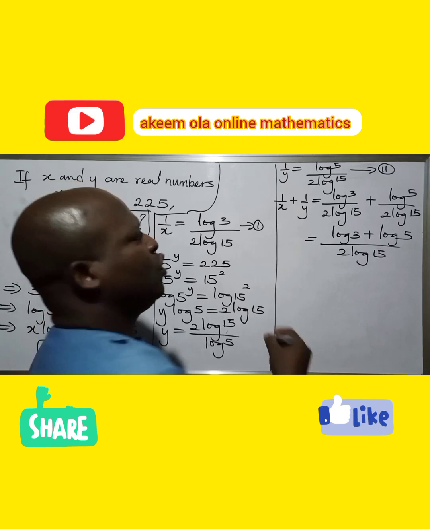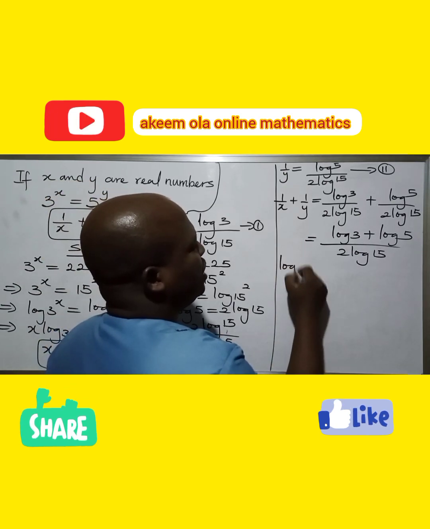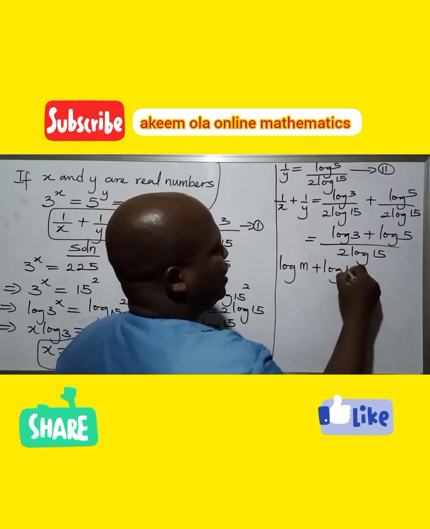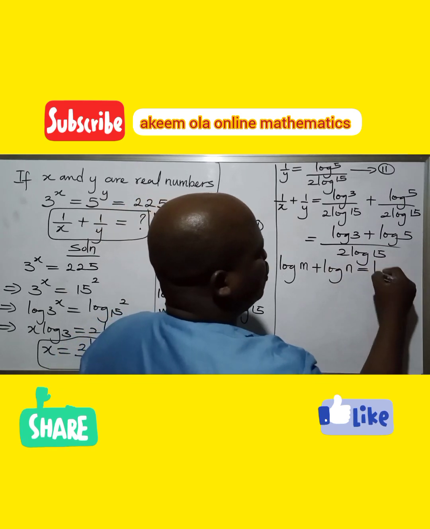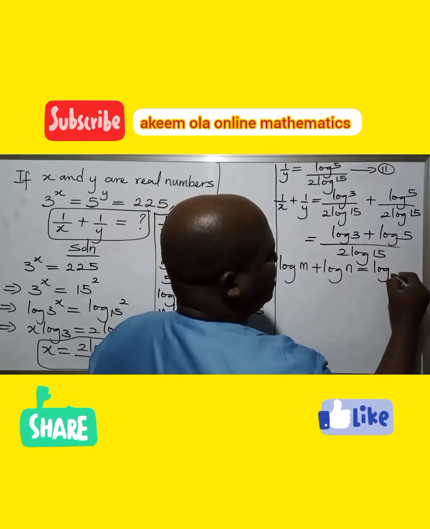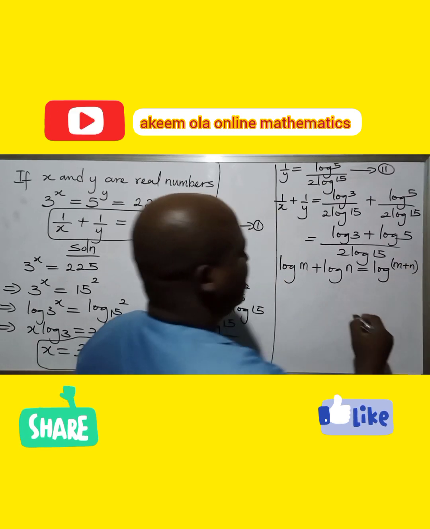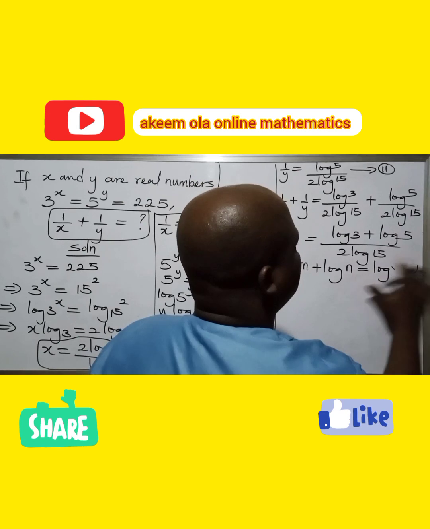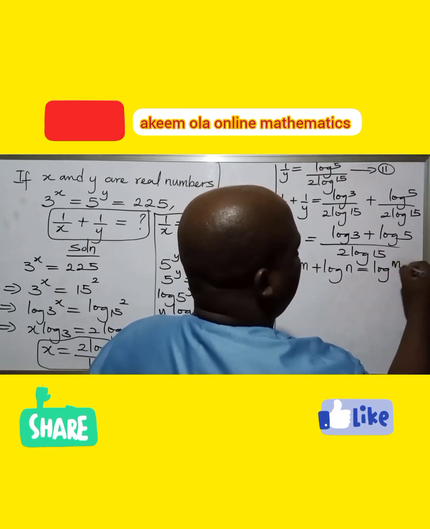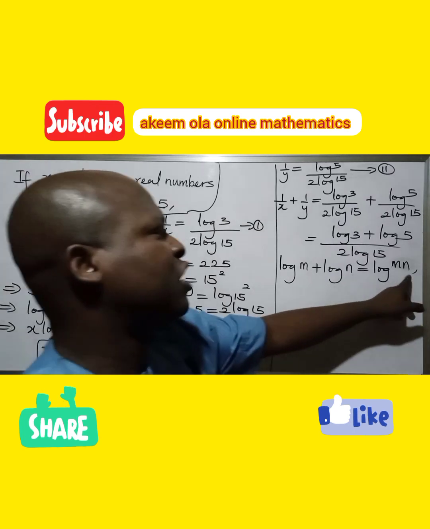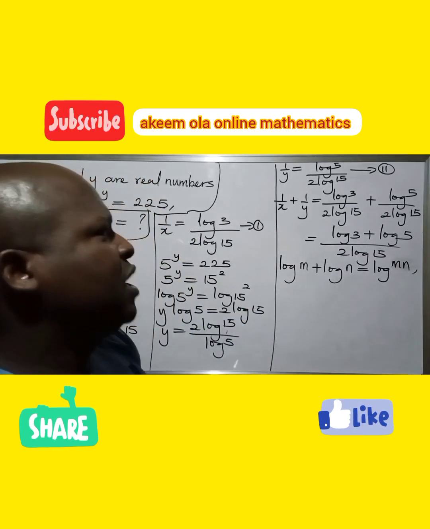There is a law of log. If you are given log m plus log n, especially when the bases are the same, we have log mn. When the two of them are added together, you are going to have log mn.